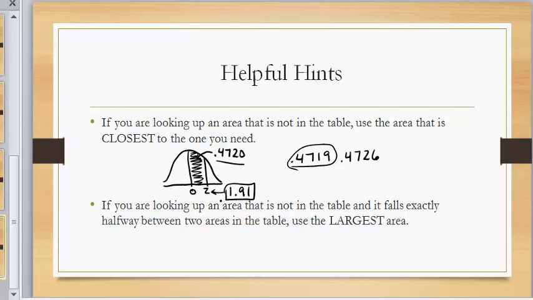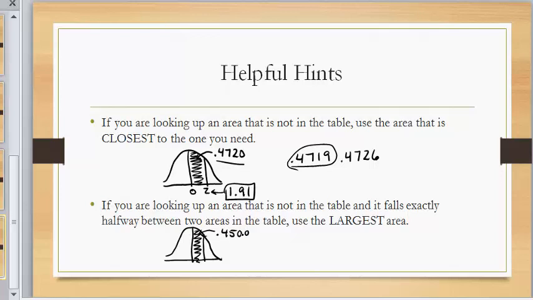The other possibility is if you're looking up an area and it's not in the table, and yet it's not necessarily closer to one number or the other. All right, so let me show you one of those. What if we had the same section, but they told us that the area was .4500?